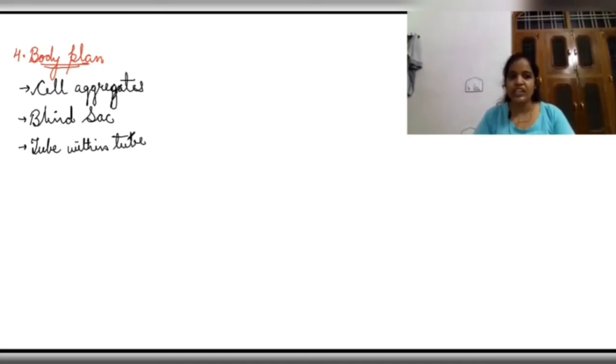Now in case of tube within tube also two types are there. You will be getting these terms. First one is protostome. Protostome means that during the embryo development, the mouth develops before the anus. Whereas another term you will get is deuterostome.